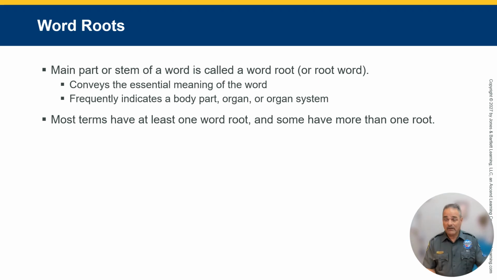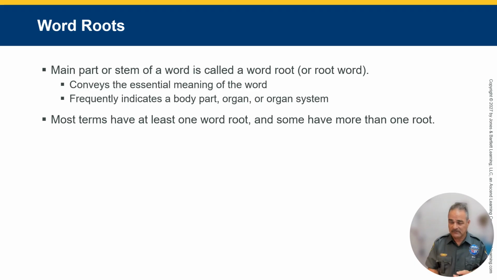So let's talk about word roots. The main part or the stem of a word is what we call that root. Remember, we talked about that, or root word. What it does is convey the essential meaning of the word itself. Frequently, it indicates a body part, an organ or an organ system. Renal means your nephrotic system or your kidneys, okay?